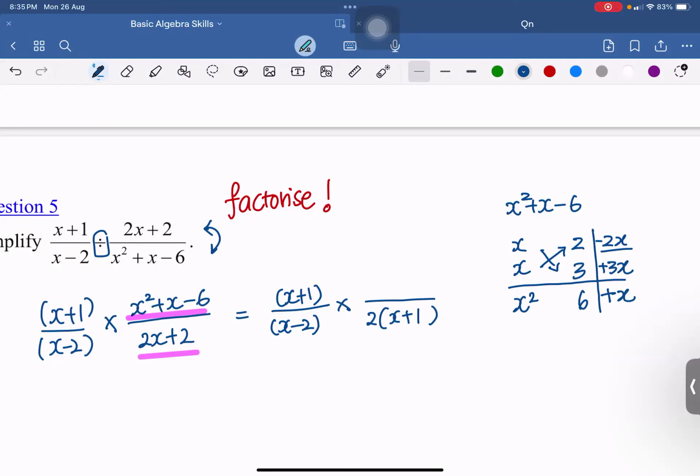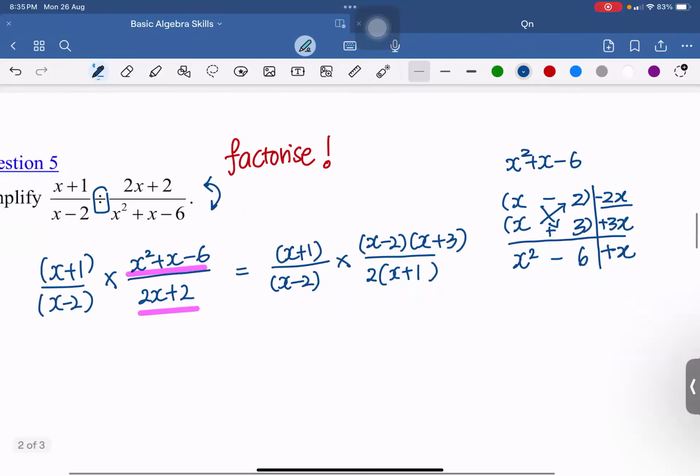So this will be plus 3 minus 2. So what are my brackets down here? This one will become x minus 2, x plus 3. Now they are fully factorized, the whole term. If I want, I can write everything together, but they have been written top and bottom already, right?